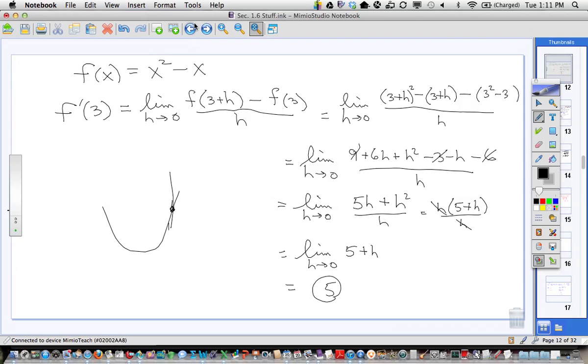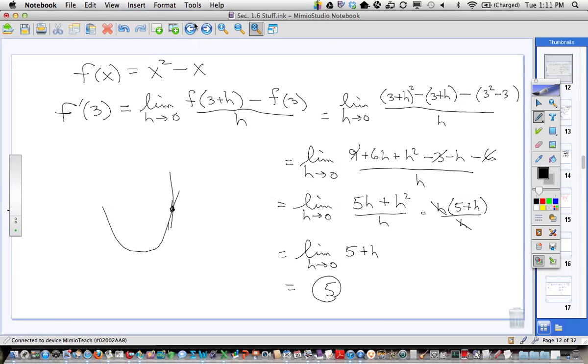When I see a 3 plus h there, I think there was an x there. What was my function? X squared minus x. And so that tells me my function must have been x squared minus x that created this.